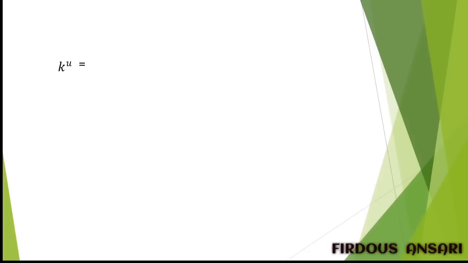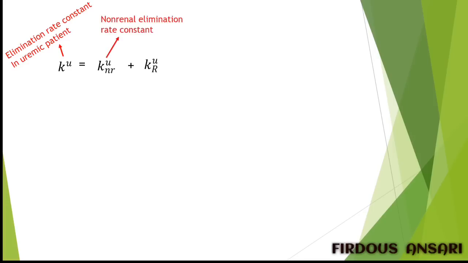Next, we have a formula somewhat like this. So what are these terms? This is the elimination rate constant in a uremic patient, which equals the sum of the non-renal elimination rate constant and the renal excretion rate constant. So not only in a uremic patient, even in a normal person, the non-renal route plus the renal route together form the common elimination rate.